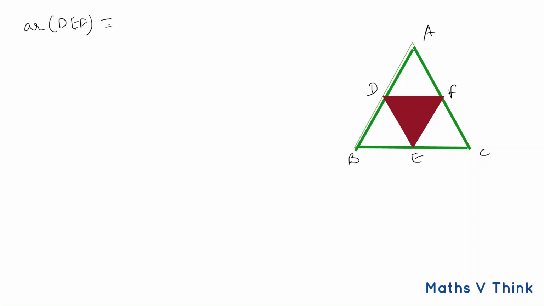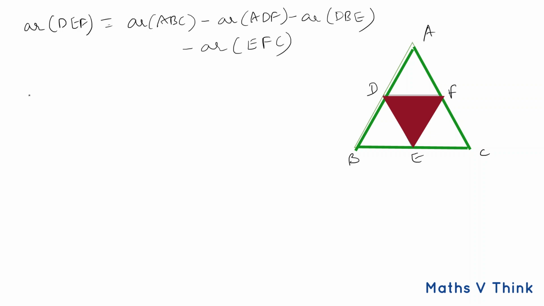So area of DEF is equal to area of ABC minus area of ADF minus area of DBE minus area of EFC.